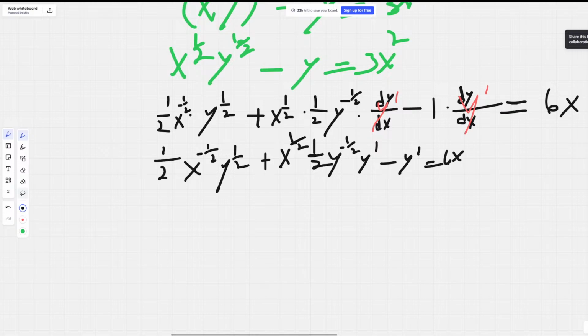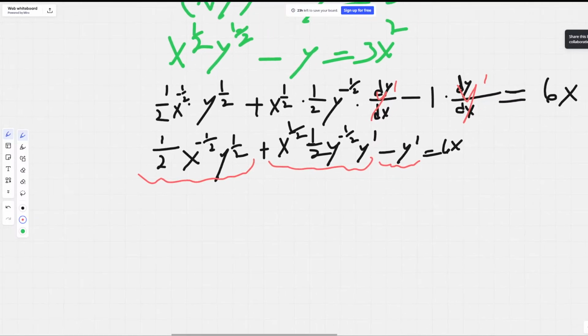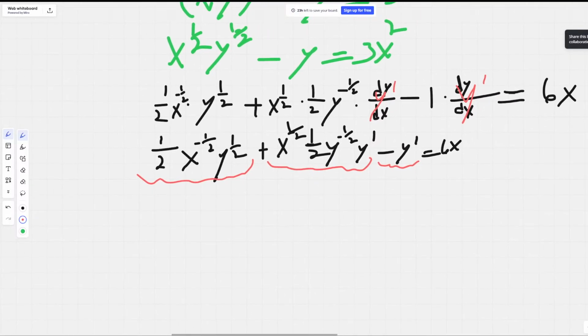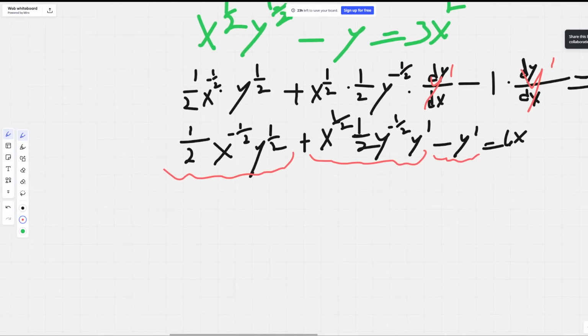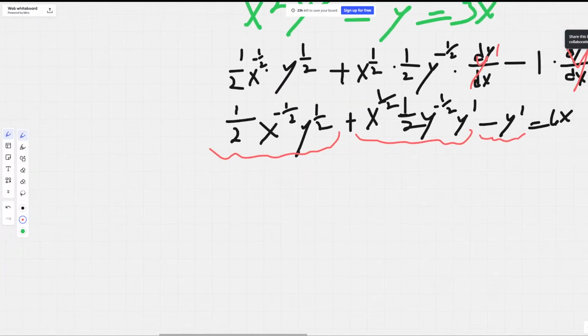Okay, next. We have 1 section, 2 sections, technically 3 sections, I suppose. But that doesn't mean we have to do it all in any particular order. I will do it in this order.